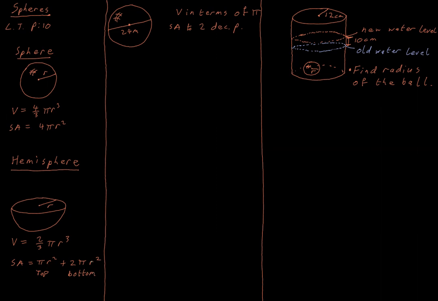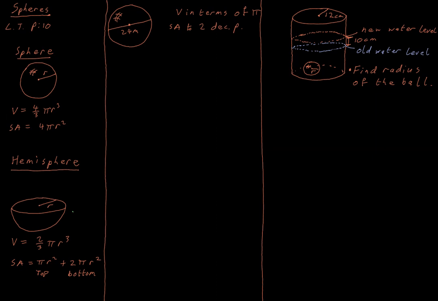We could be given something like a soup bowl, and then the surface area would just be half of the surface area of the original sphere. But if we're told we have a solid hemisphere, we need to keep in mind that there would be a circular top to our hemisphere.